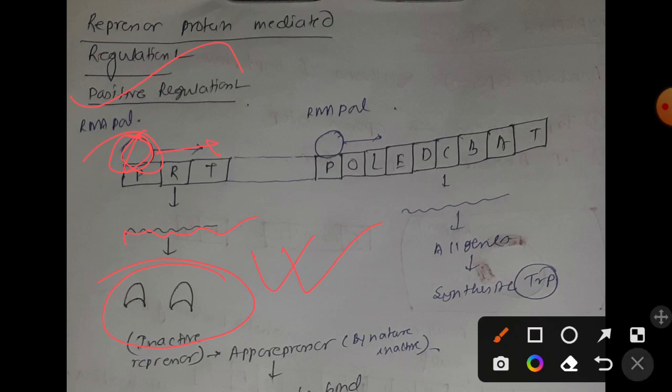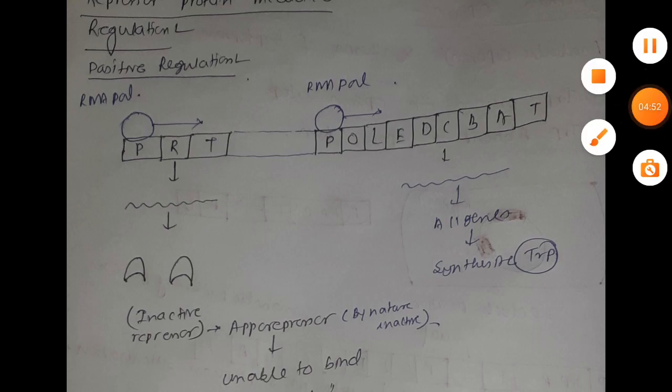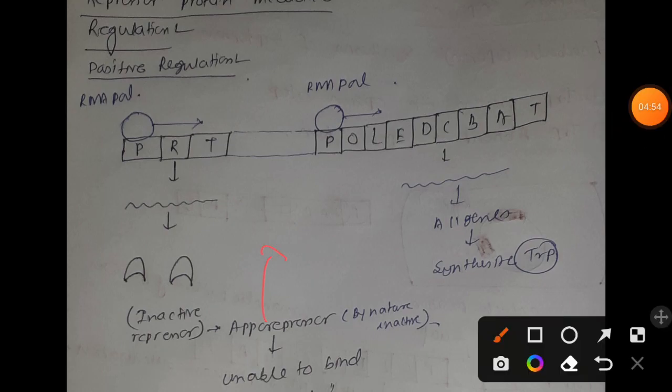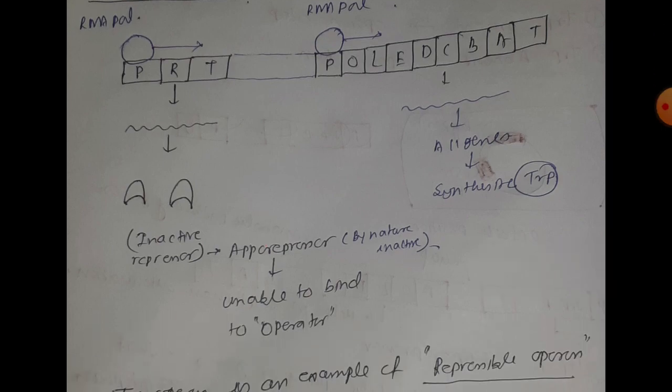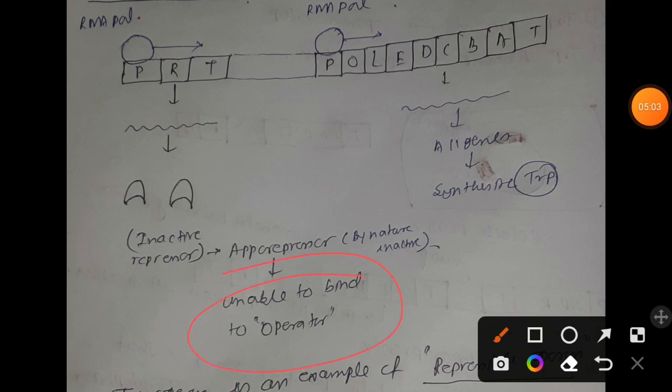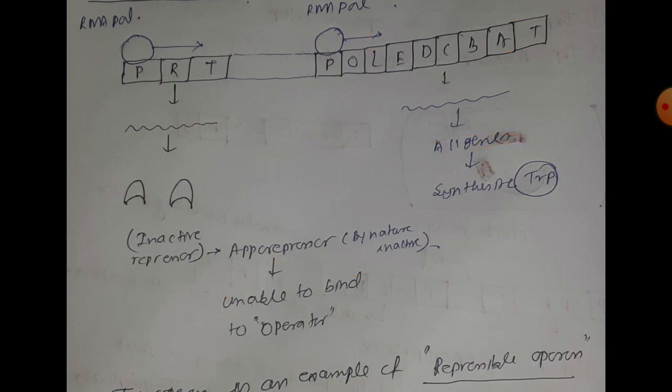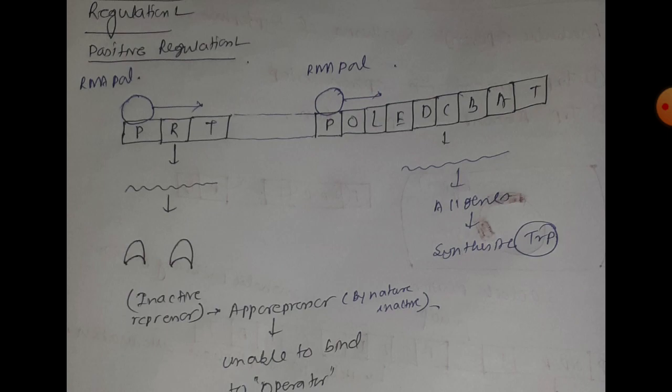Aporepressor is nothing but an inactive repressor; these are repressors that are by nature inactive. As a result, they are unable to bind to the operator. So the operator is free initially, and RNA polymerase can happily start transcription, produce the genes and synthesize tryptophan. That is the positive regulation, and that is their default choice.